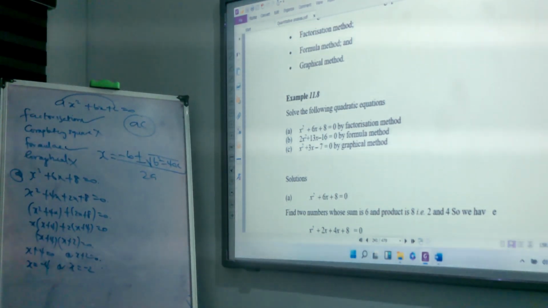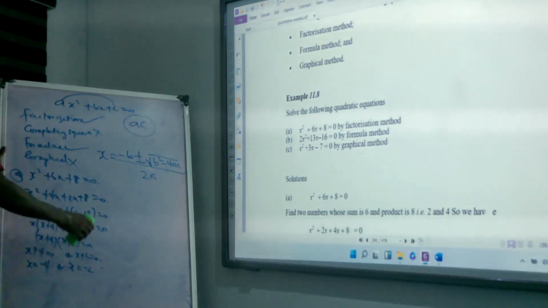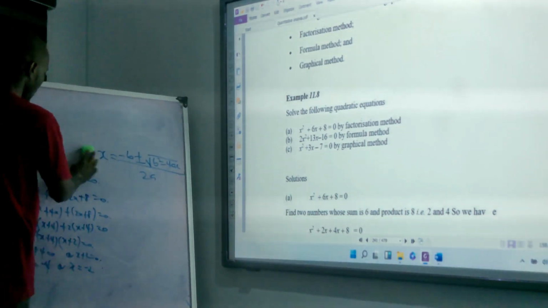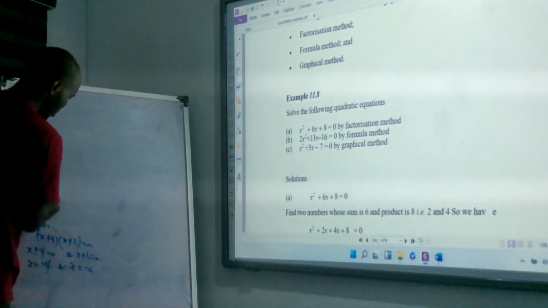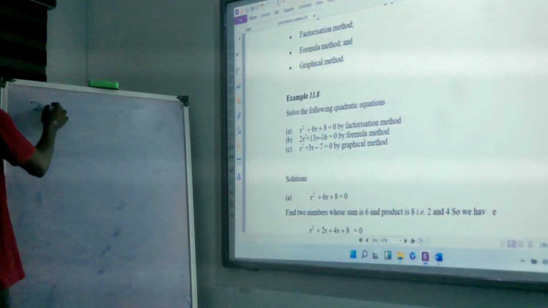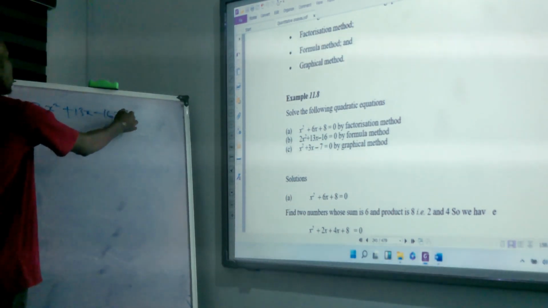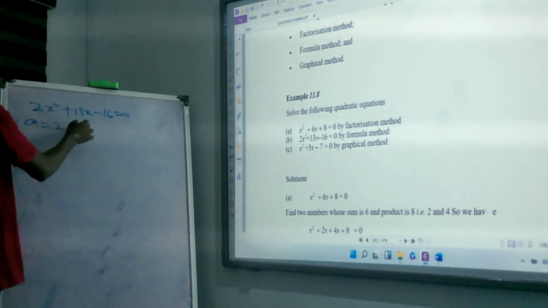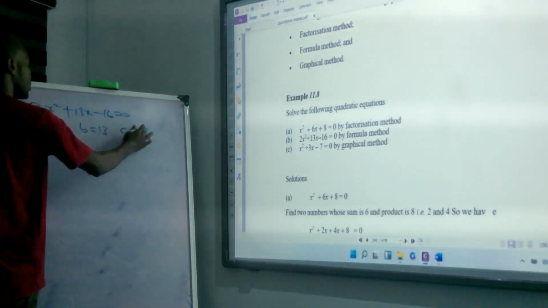Now the second one, we actually have to use the formula. So using our formula method, what is the second question? The second question is 2x squared plus 13x minus 16 equals 0. So compare: our a is 2, b is 13, c is minus 16.